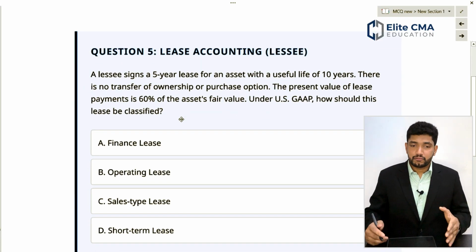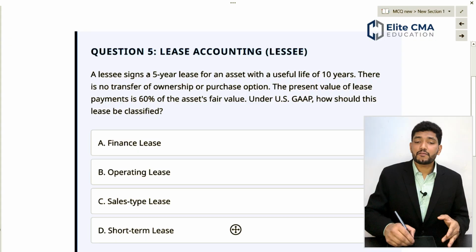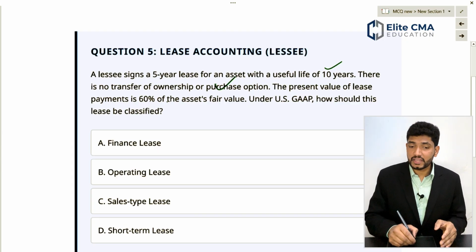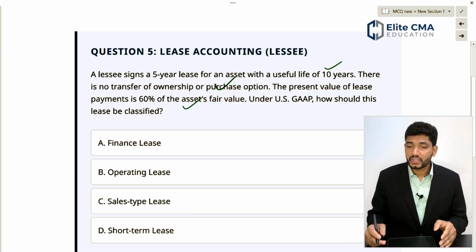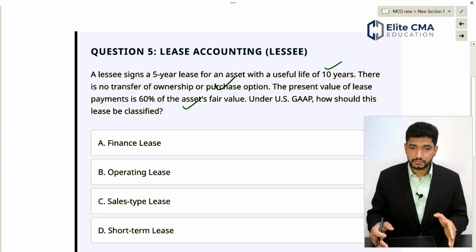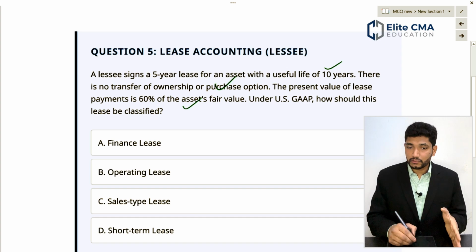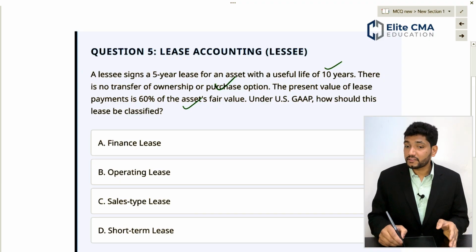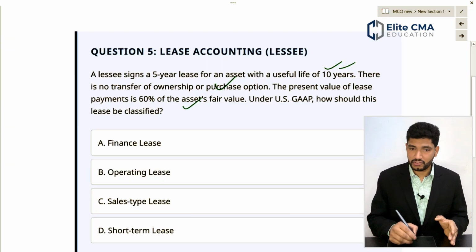Let us move into question number 5. A lessee signs a 5-year lease for an asset with a useful life of 10 years. There is no transfer of ownership or purchase option. The present value of lease payment is 60% of asset's fair value. Under US GAAP, how should this lease be classified? It is a 5-year lease but the asset useful life is 10 years and there is no ownership transfer option.